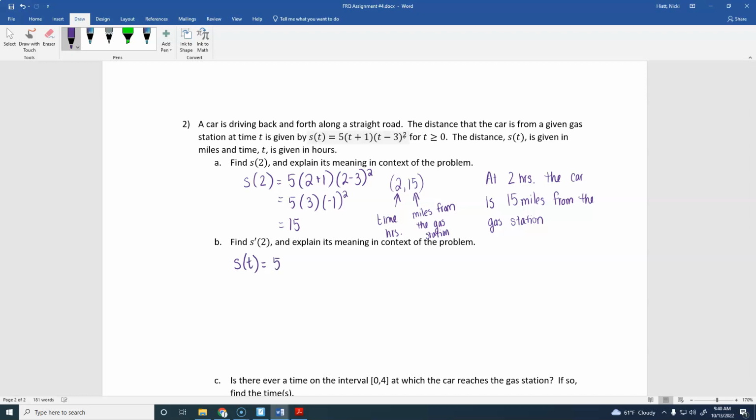So I would have t plus 1 times t minus 3 squared, which is t plus 1 times t squared minus 6t plus 9. And then I need to distribute here. I'm going to keep the 5 out front for right now. So I'll get t cubed minus 6t squared plus 9t plus t squared minus 6t plus 9.